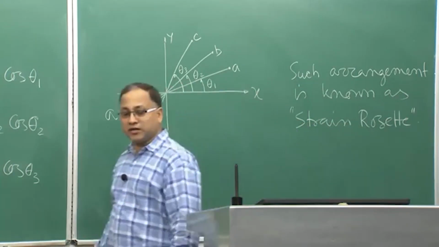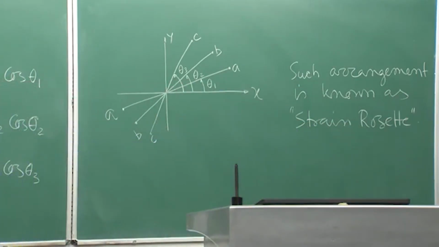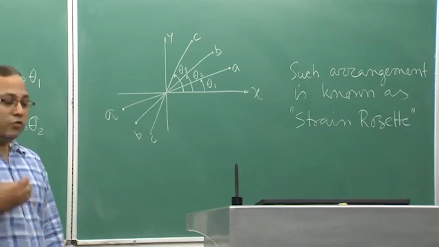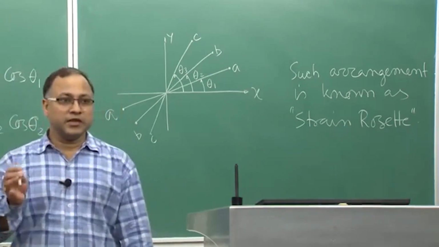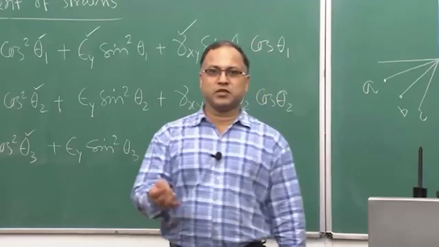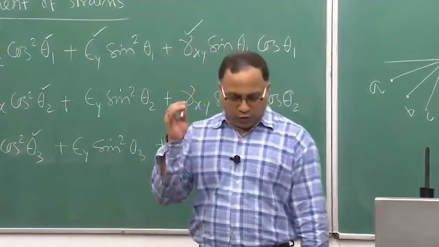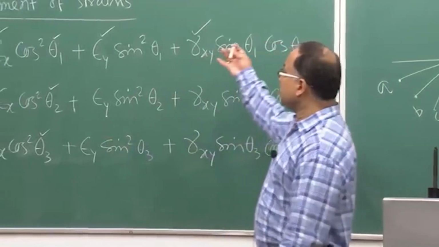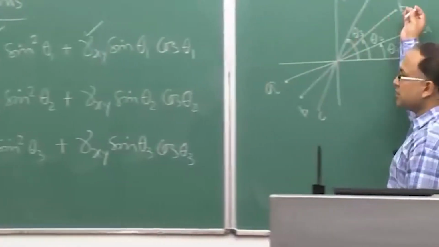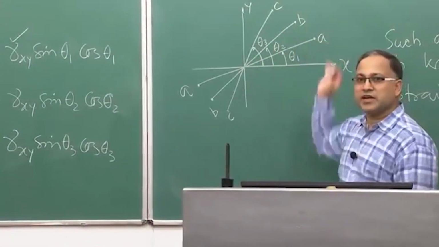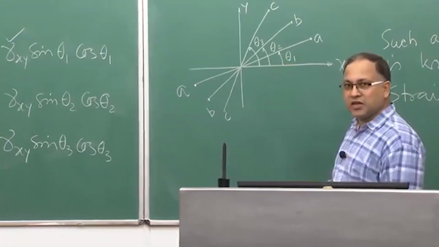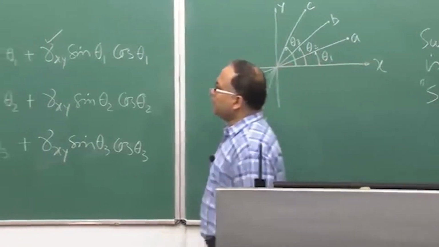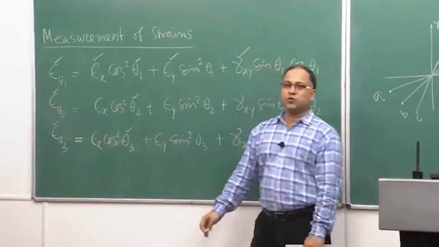This is very important, because whatever theory we are going to develop or study, basically you need to get those observations from the experiment. So, from a deformable body you just measure the normal strains by putting the strain gauges in this fashion, and then from there you will get the information about epsilon x, epsilon y and gamma xy.